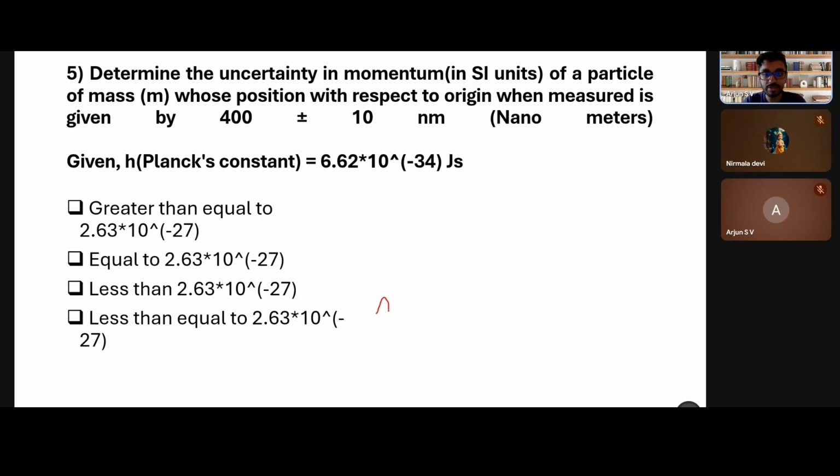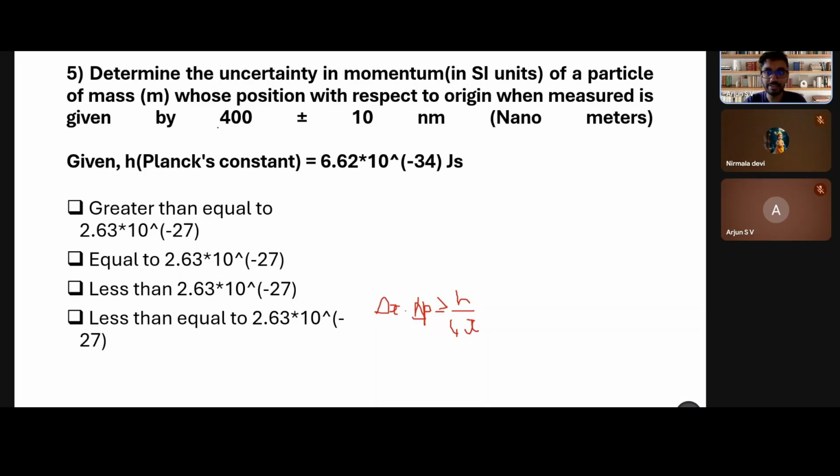So your Heisenberg's uncertainty principle says that delta x into delta p is greater than or equal to h by 4 pi.